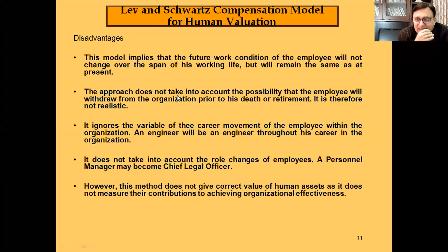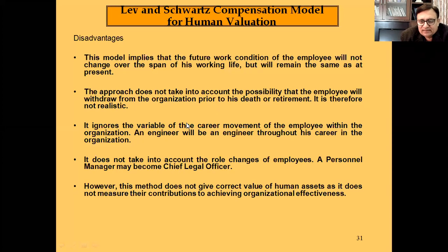It is therefore not realistic to assume that the person is going to stay in future forever. It ignores the variable of the career movement of the employee within the organization, which is also a bad effect of this model. It does not take into account the role change of the employee; a personnel manager may become chief legal officer.